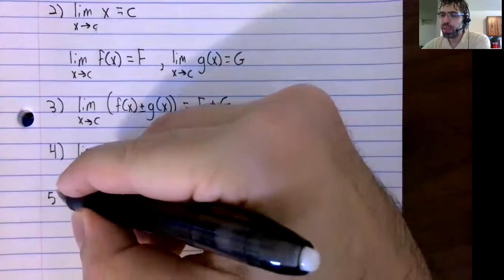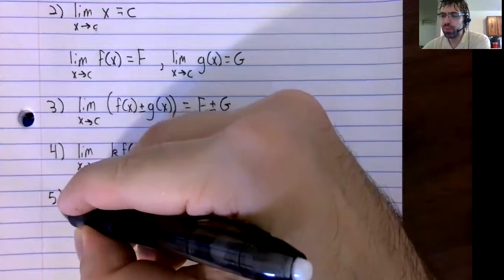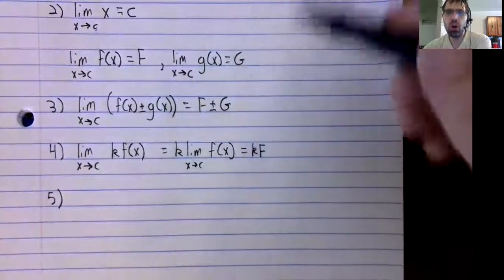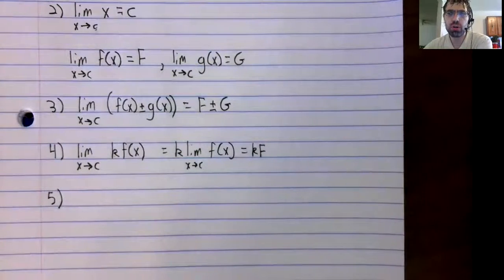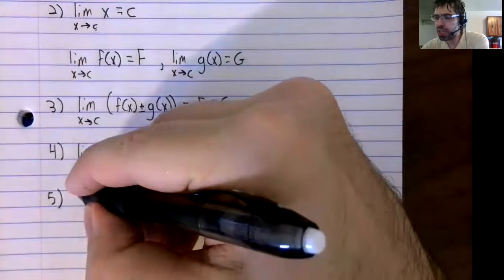Now the expected rule, we'll do an example with all of these rules later, which is why we are not doing any examples now.